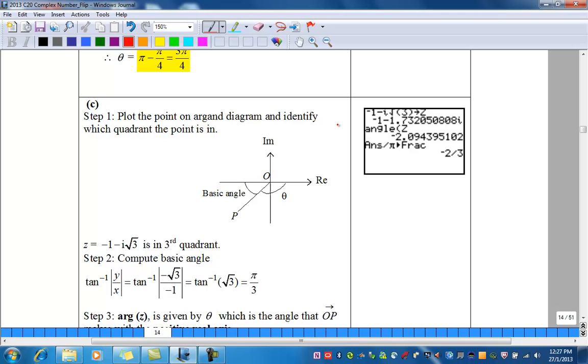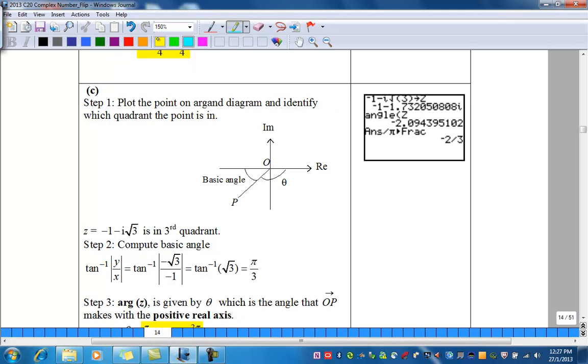C. z is equal to minus 1 minus i root 3, which is in the third quadrant. The basic angle, which is tan inverse y over x, will be tan inverse root 3, which is equal to pi over 3.